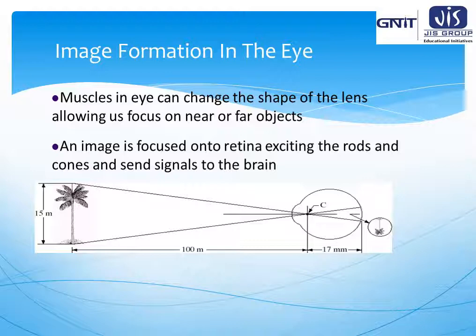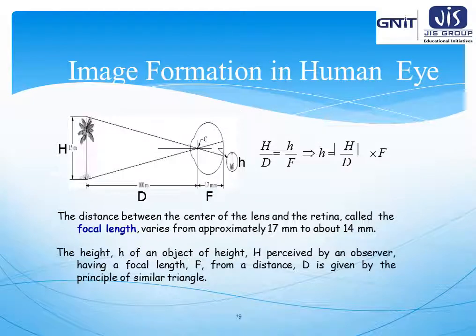Muscles in the eye can change the shape of the lens, allowing us to focus on near or far objects. An image is focused onto the retina, exciting the rods and cones and sending signals to the brain, and the brain will again flip the image to see the original one. Here again the same example is given of how image formation is done by human eyes.